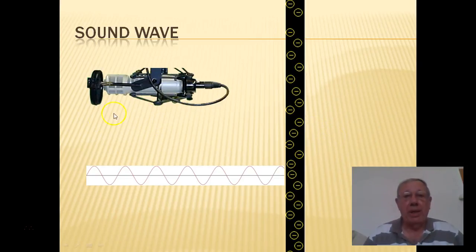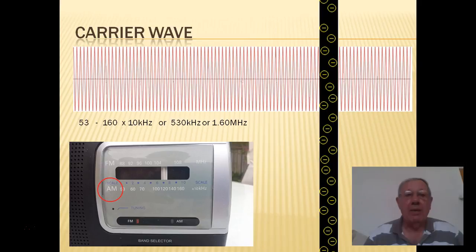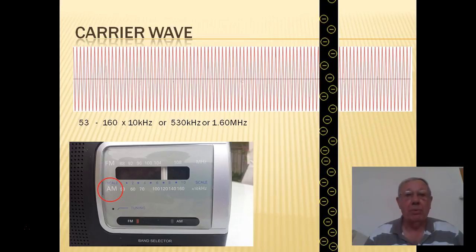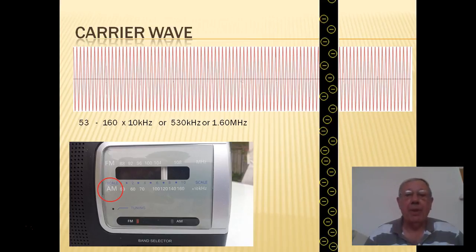The way in which that happens is rather complicated, and I won't go into it, but once we do have a current that matches up with the pattern of the sound wave, then we have the next wave, which is important. And this is called a carrier wave. Now, the carrier wave is one which is generated within the electronics of the transmitter.